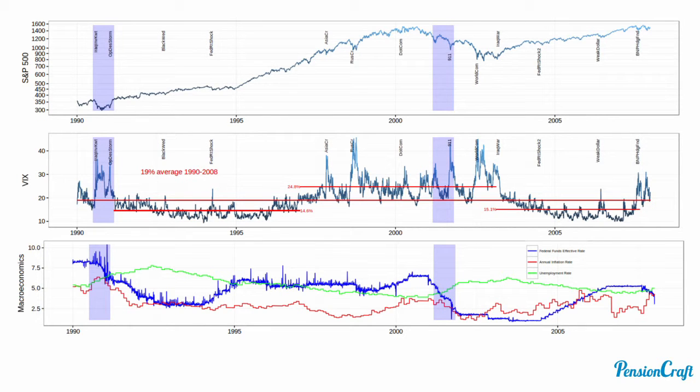So what does the volatility crash in the US mean? Whenever there's a crisis, such as a war in the Middle East, a financial shock, an emerging market crisis, or a bubble bursting in the stock market, you get a volatility spike and the market crashes. And I've labelled those spikes on this chart. The average level of VIX from 1990 to just before the financial crisis was about 19%.